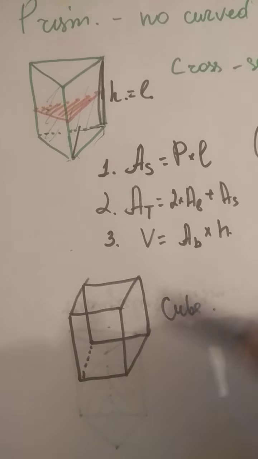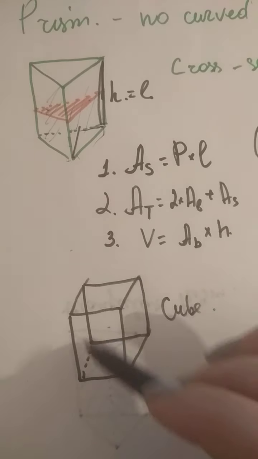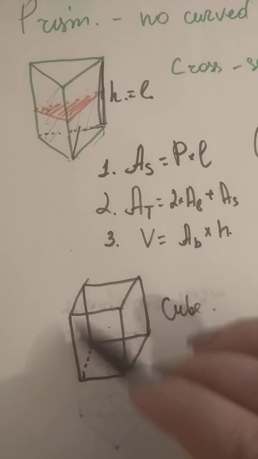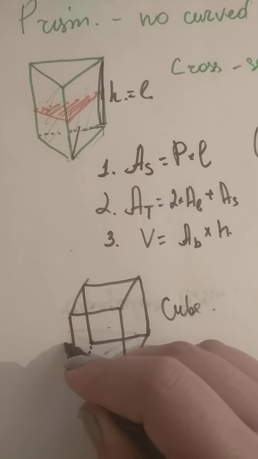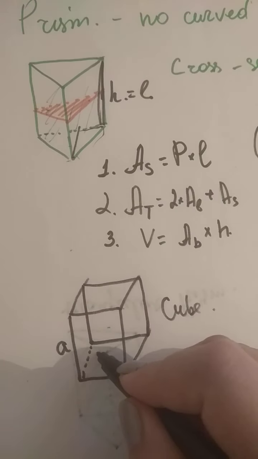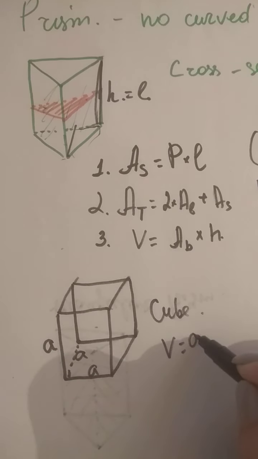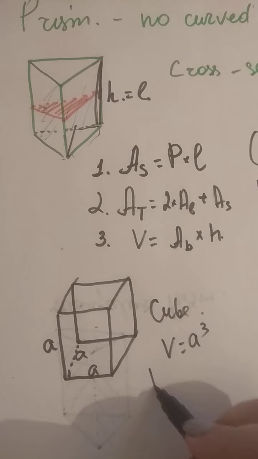In the cube, you know that we have square faces. All the faces are square, and in a square all the side lengths are equal to each other. If the length of this is a, then another one is gonna be a as well. So a and a.